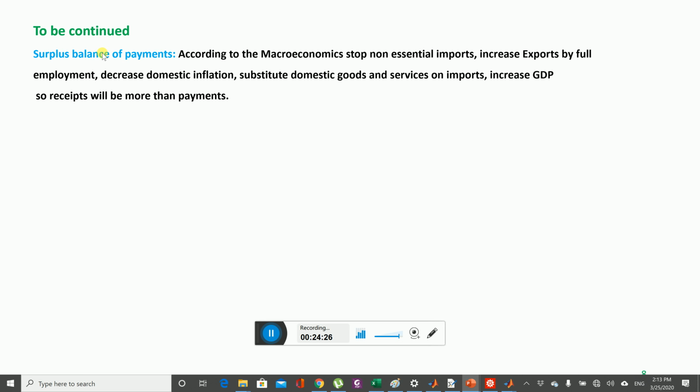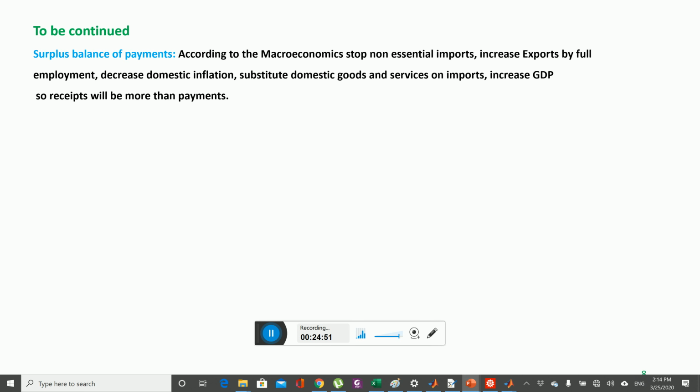Now we are coming to the last one, surplus balance of payments. Balance of payments is actually the earning of the economy of Afghanistan from exporting goods and services. If you want the balance of payments to be in positive surplus, exports must be more than imports.